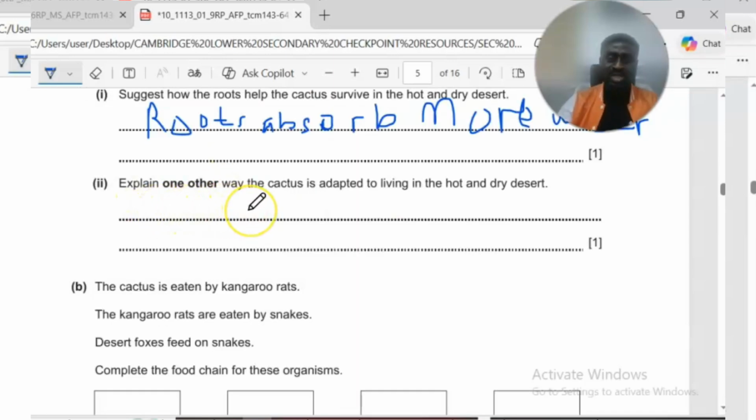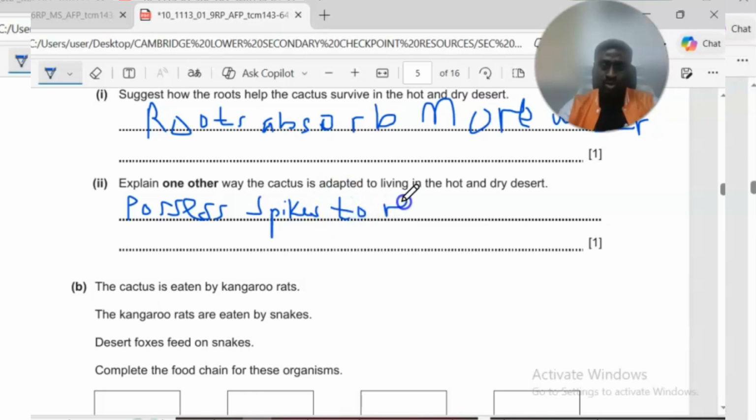Explain one other way the cactus is adapted to living in the hot and dry desert. You can say it possesses spikes or spines to reduce water loss.